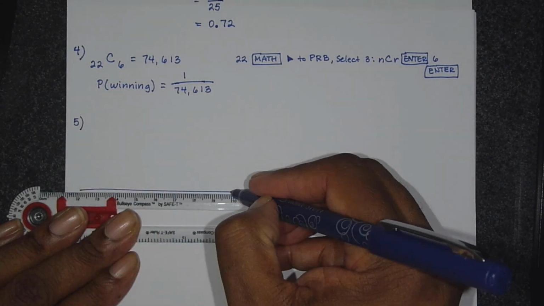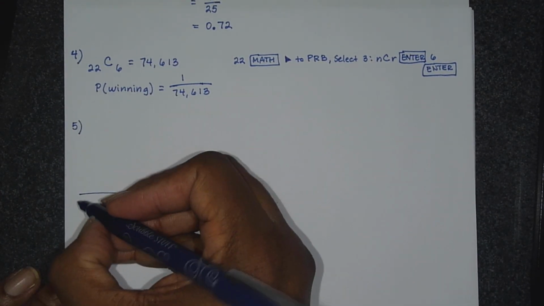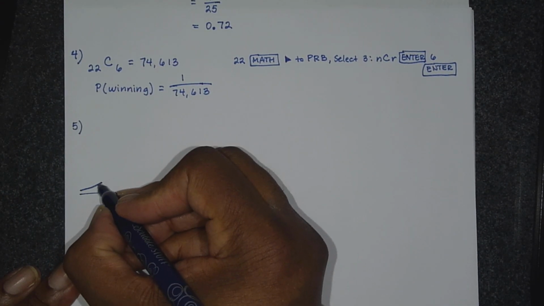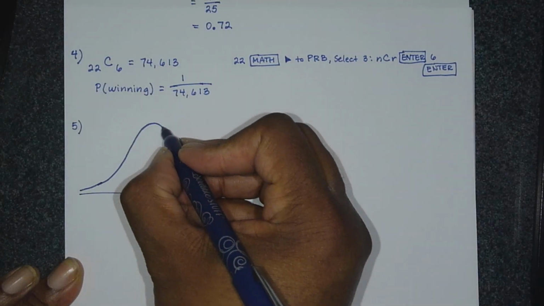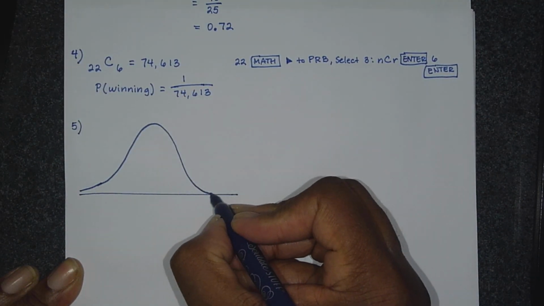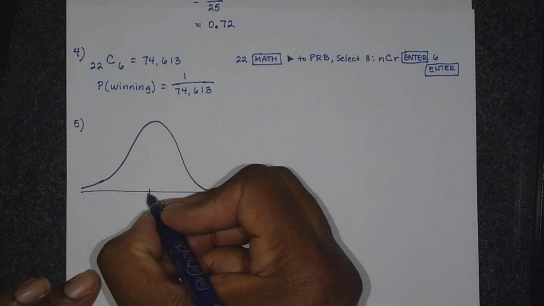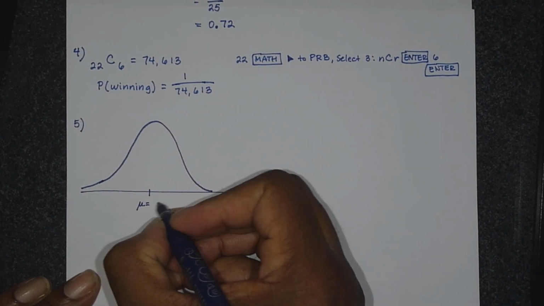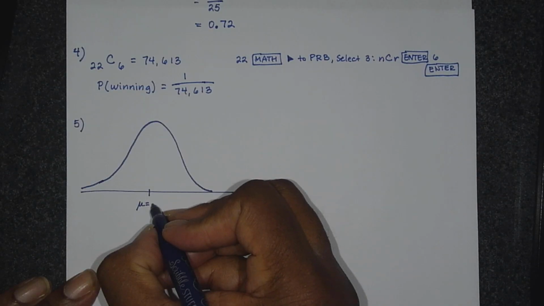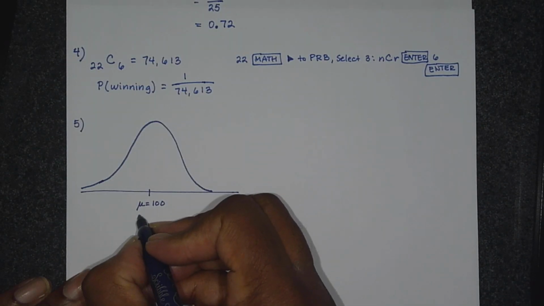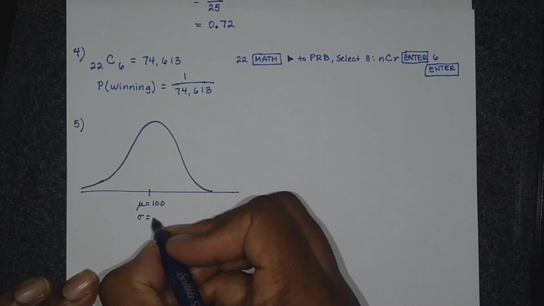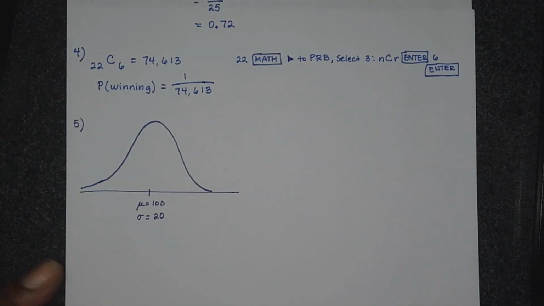Horizontal axis, and then here's the normal curve. And of course, we're told that the mean was 100. The standard deviation, sigma, is 20.